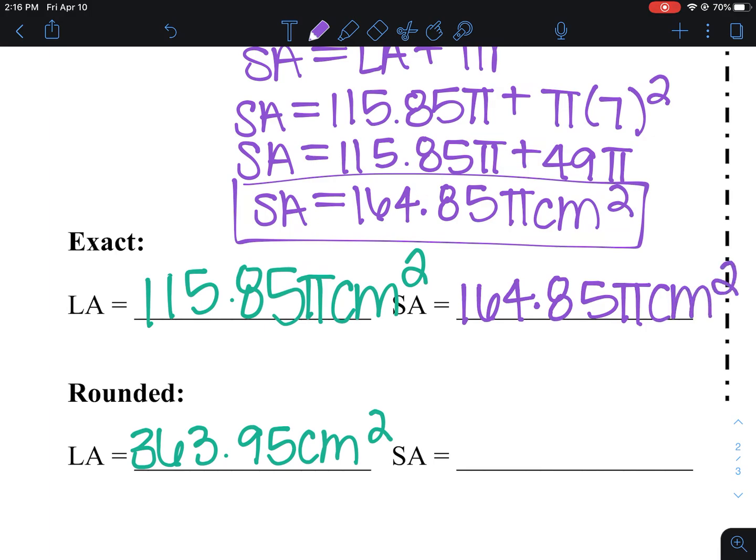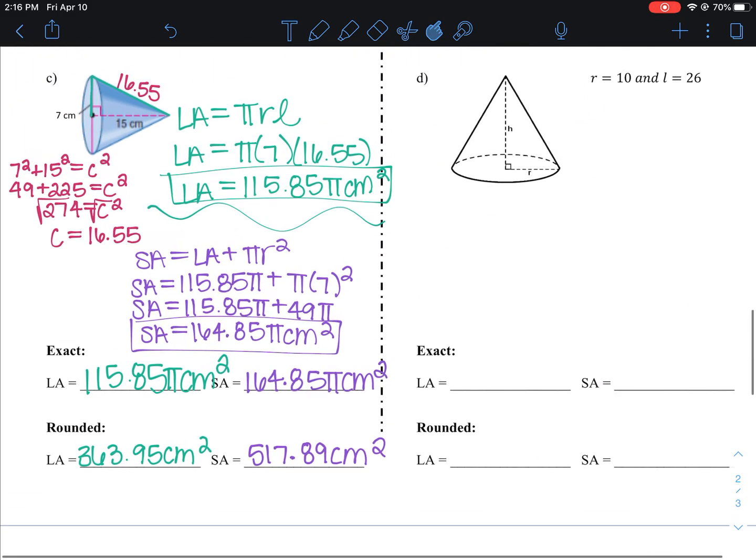Then to figure out what that is as a rounded answer, 164.85 pi would be 517.89 centimeters squared. Okay? Again, even if you have decimals, that's okay. Don't let it scare you. Just keep going the way that you would do all the problems.